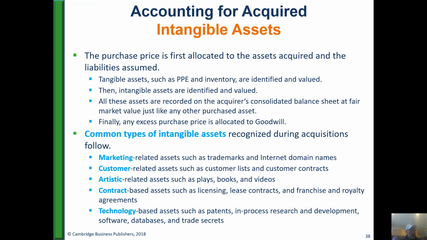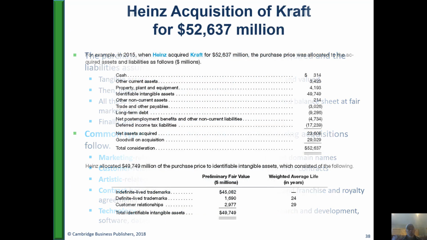Other ways you might see that manifest are in the increase of intangible assets, or in any specific asset that we could identify as worth more than what it showed in the book value of the acquired company. Here the authors give us examples of marketing, customer, artistic, contract, and technology assets that we might be able to attribute that greater value to, in which case we could mark any of those up.